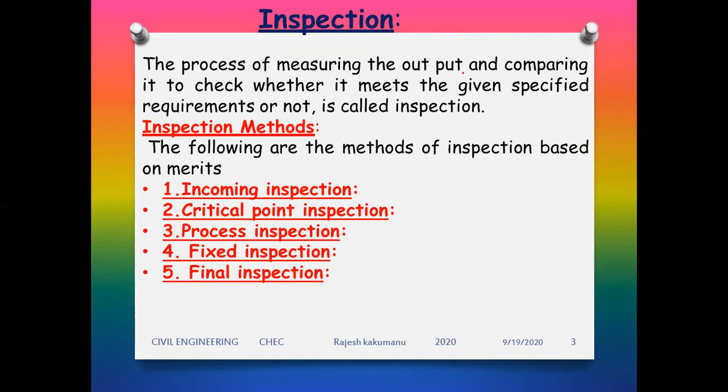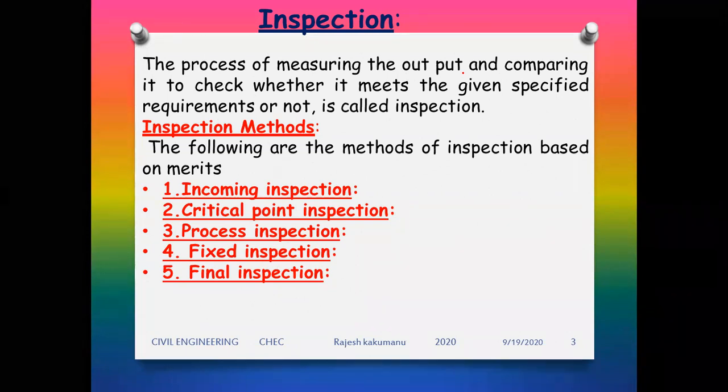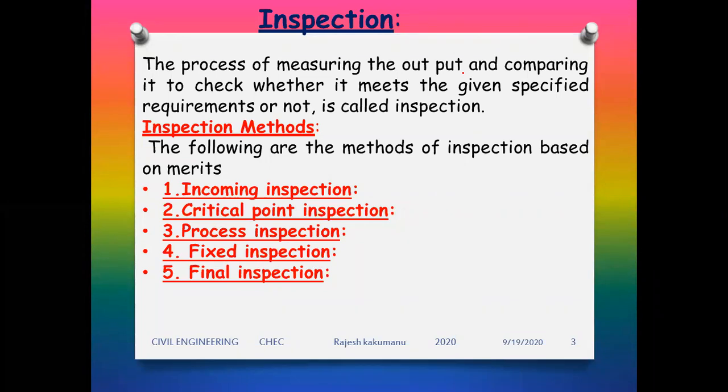The first one is visual inspection, meaning by seeing with your naked eyes. If you observe all the faces and dimensions of the object with your eyes, you can say whether the object is qualified or not. That is one type of inspection without touching the object.